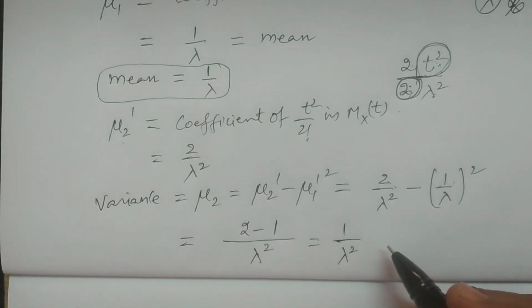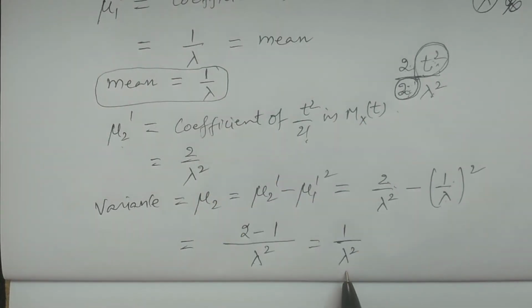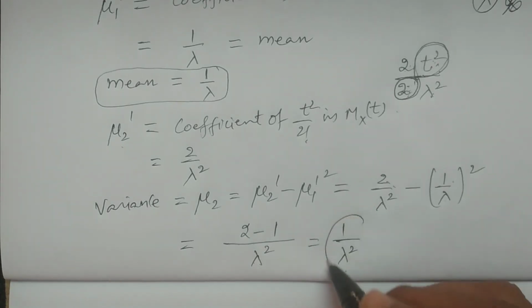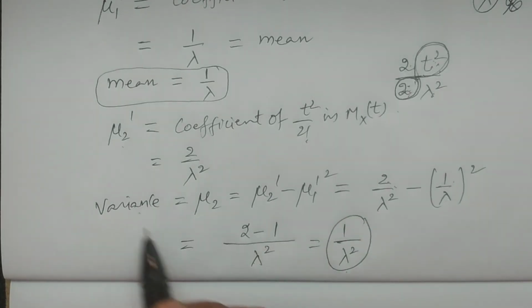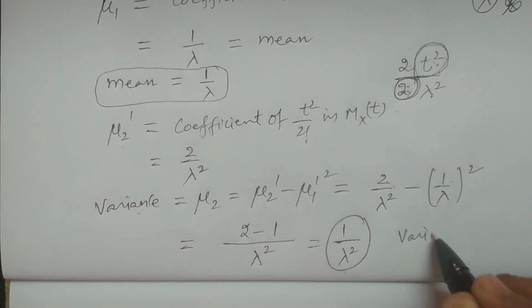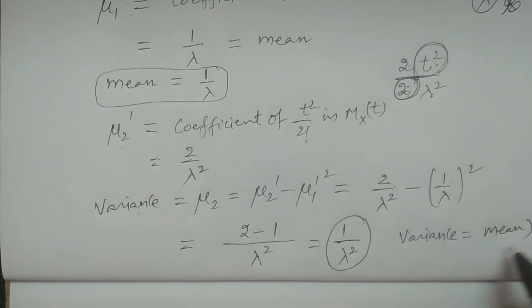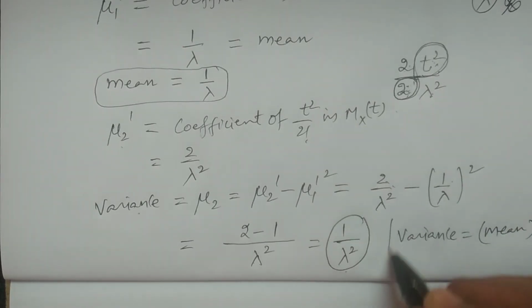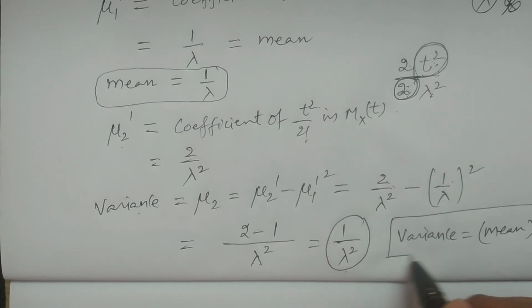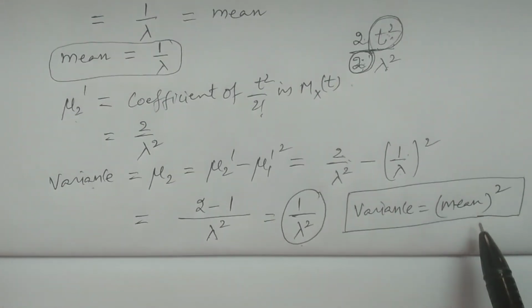Therefore we can write another relation: if you square the mean, you will get the variance. So this is the variance of the exponential distribution. The relation between variance and mean in the exponential distribution is that variance is equal to mean whole square.